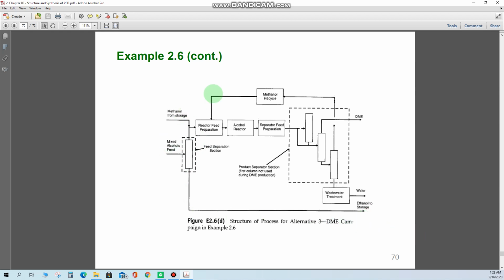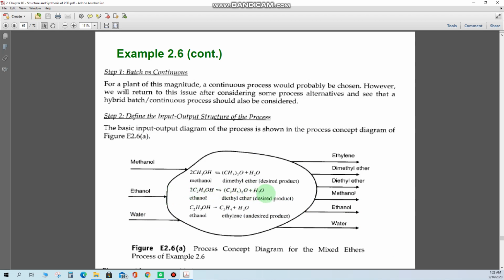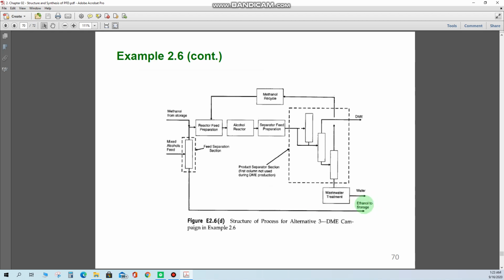So in one time we can have the utilization of methanol into the dimethyl ether, and we separate the ethanol and send it to the storage, so we can actually try to carry out reaction number 2 in the second phase of the process. In the first phase we carry out this reaction only, and in the second phase we will try to carry out this reaction, right? So we can have the separate ethanol to the storage section.